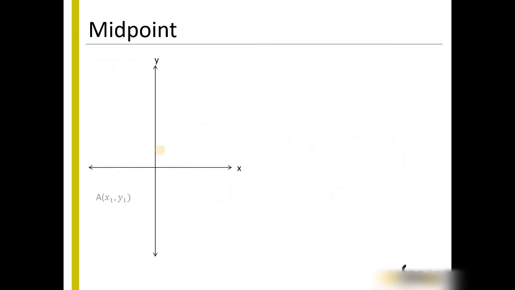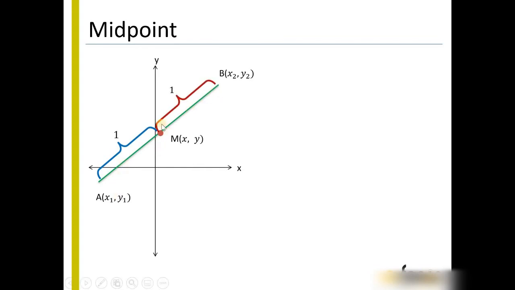Midpoint. This time, let's have two points A(x1, y1) and B(x2, y2). And now let's try and divide the line segment exactly in half, so in the ratio 1 to 1. And we'll use the point M(x, y) as the midpoint of this line.